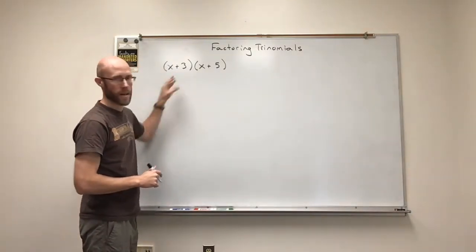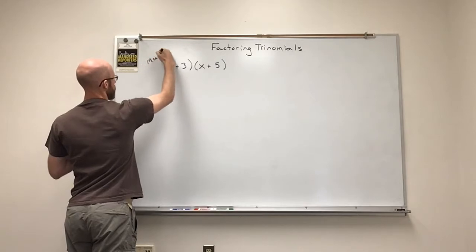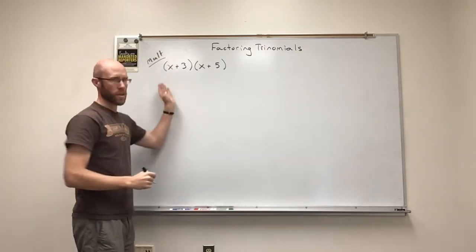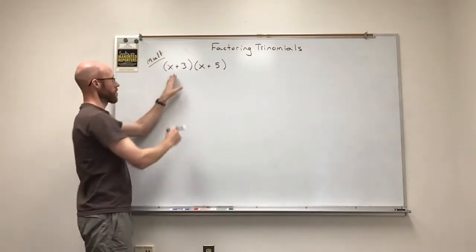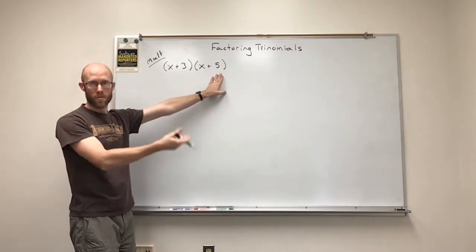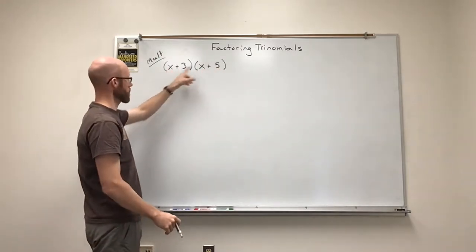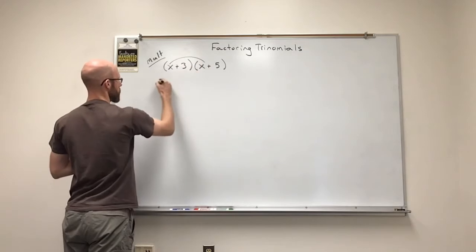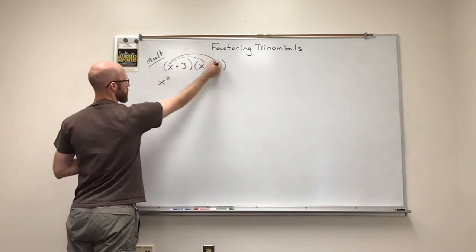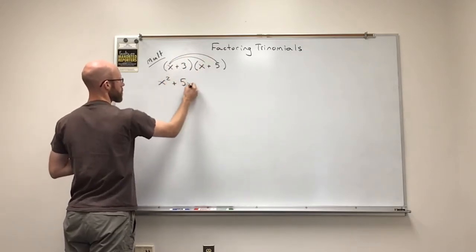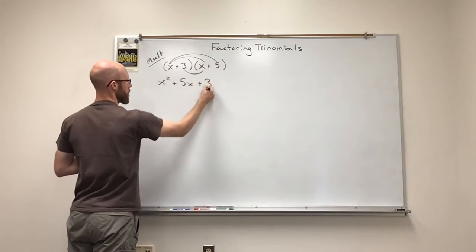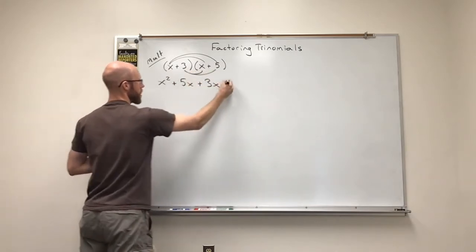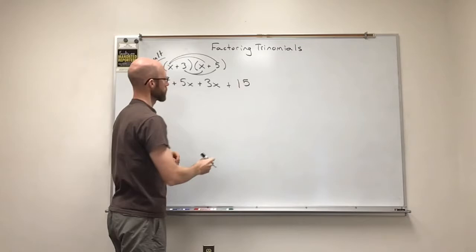So to multiply these, I would again distribute, make sure every term on the left multiplies every term on the right, and so forth. So x times x is x squared, x times 5 is 5x, 3 times x is 3x, and 3 times 5 is 15.